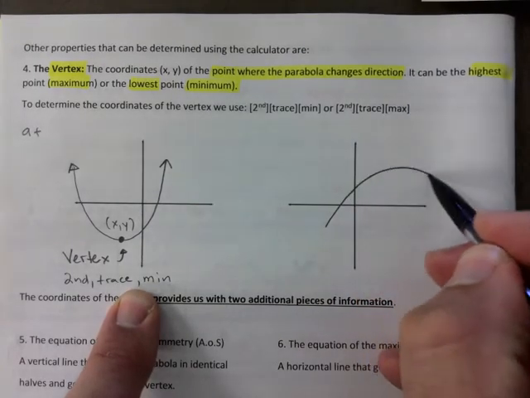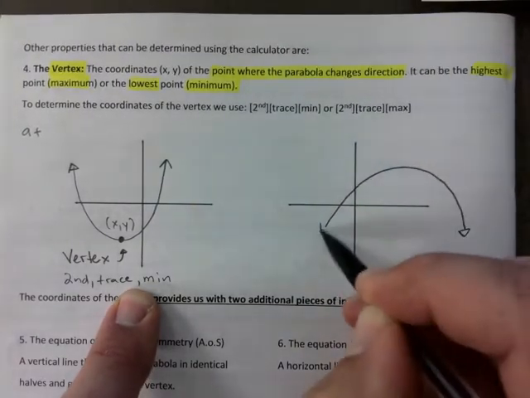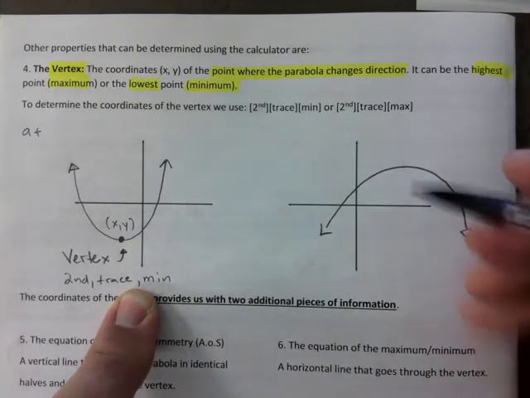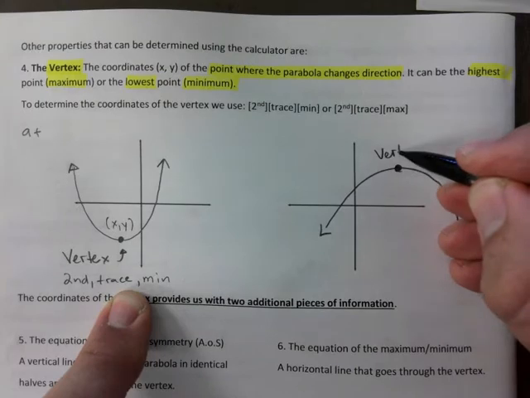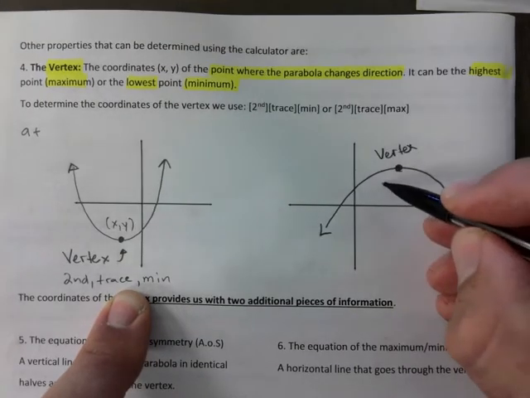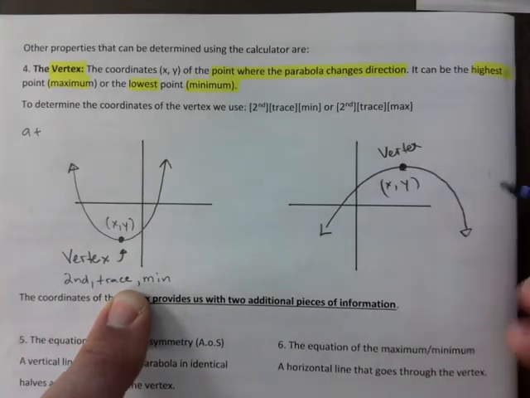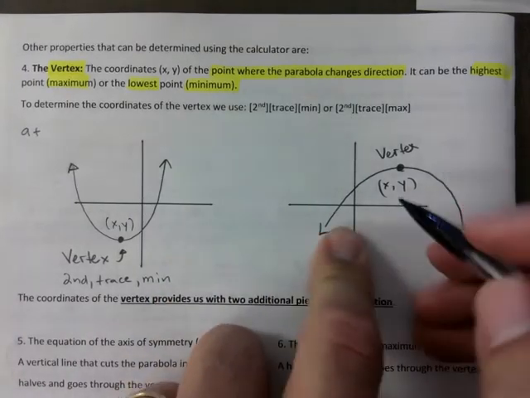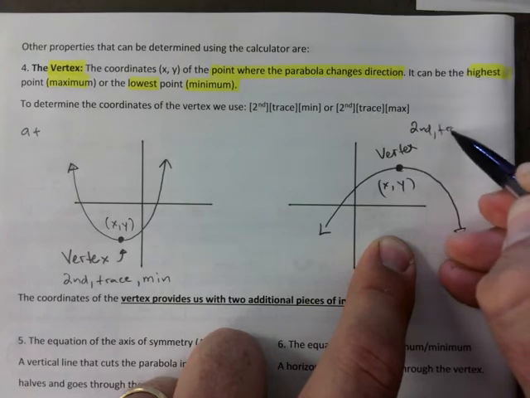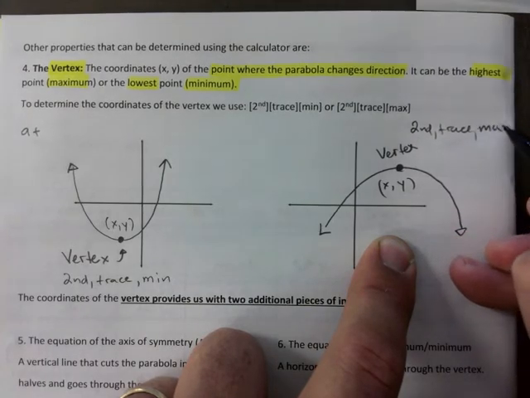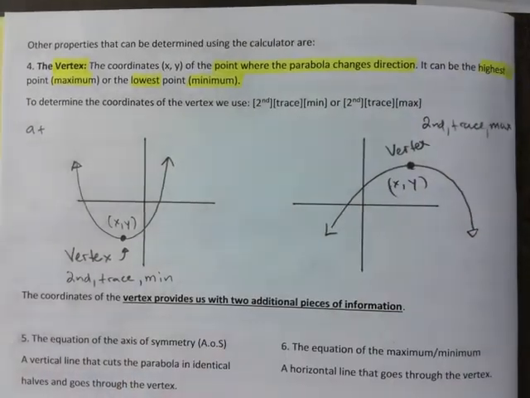Alternatively, if it had been like this, okay, then in this case the vertex is right here, and that's still x, y. And in this case, you would use second trace max. Anytime you want anything from a graph, use second trace.